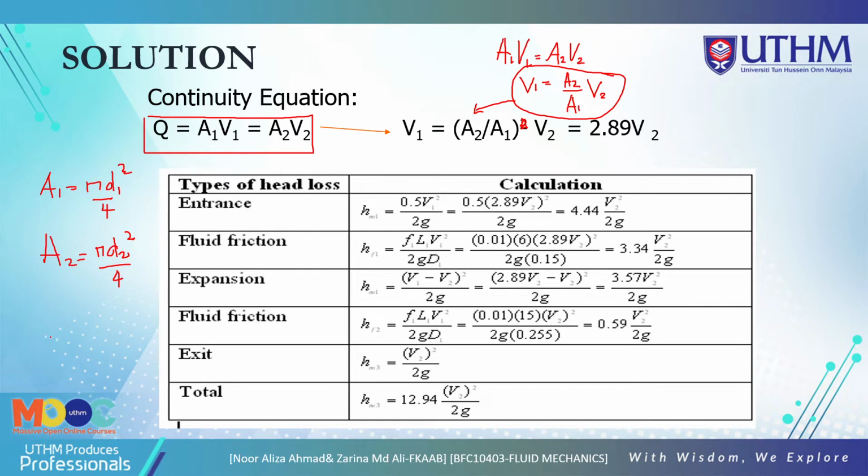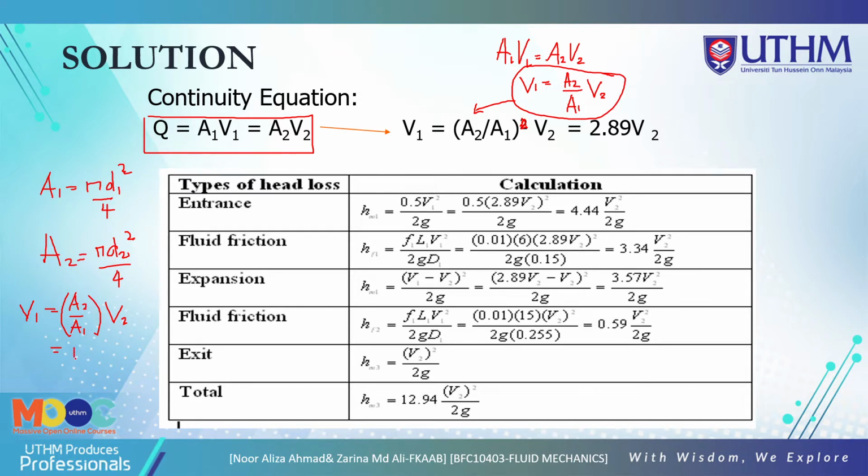So you just put in A2 and A1. You know that V1 is equal to A2 over A1 times V2.